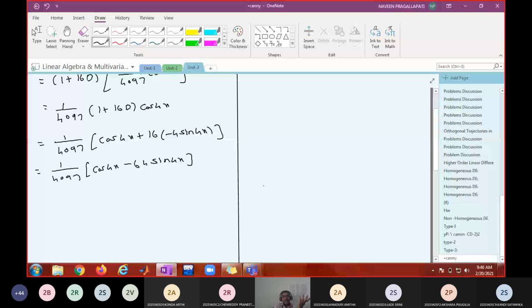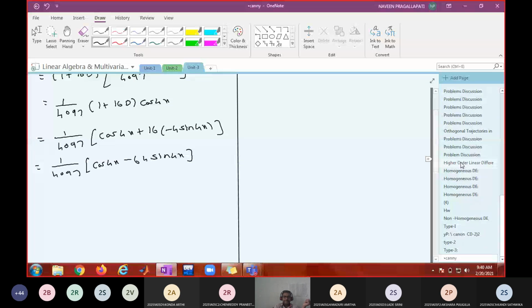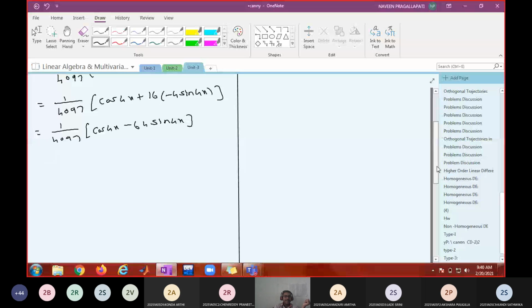Even if you have odd powers, you can always write an odd power as an even power times D. That even power you write as a D square power and replace D square with minus a square. Finally, you will get a D in the denominator. Then multiply and divide with the corresponding proper term so that you get the denominator in the form a square minus b square. Again, you apply the type 3 form. Is that fine?